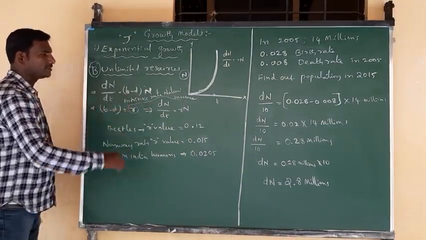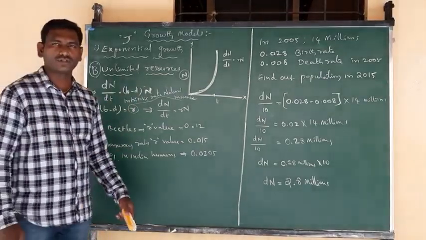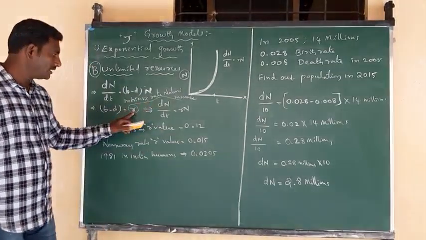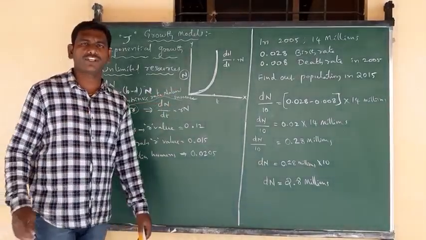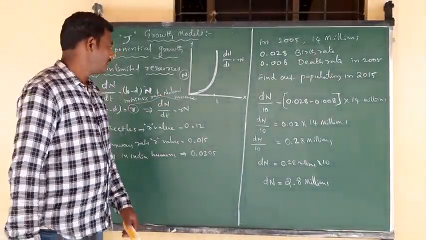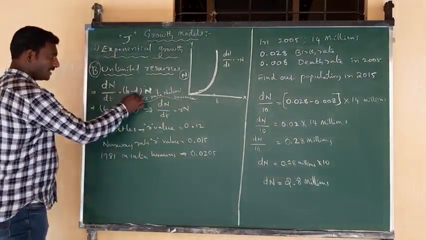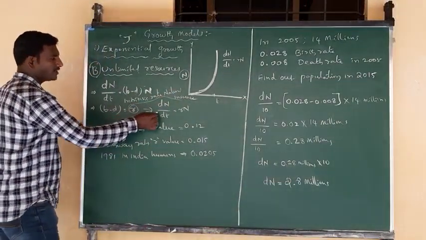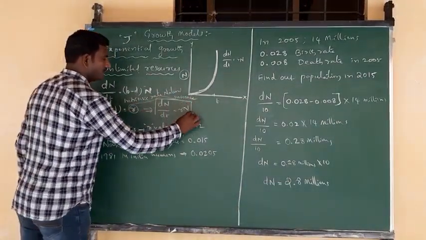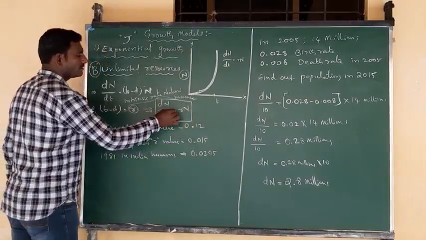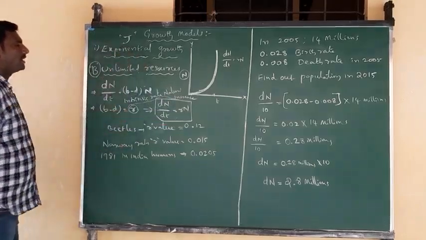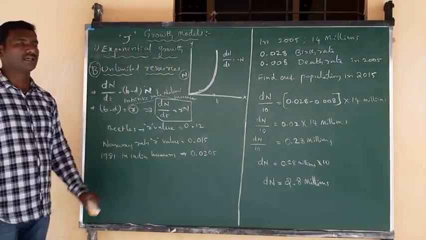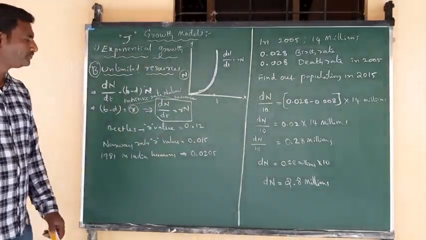Simply, small r indicates the population growth, meaning whether the population is increasing or decreasing. So if b minus d is equal to r, then the formula is reduced to dN/dt = r × N. This is also a shortened formula for exponential growth.